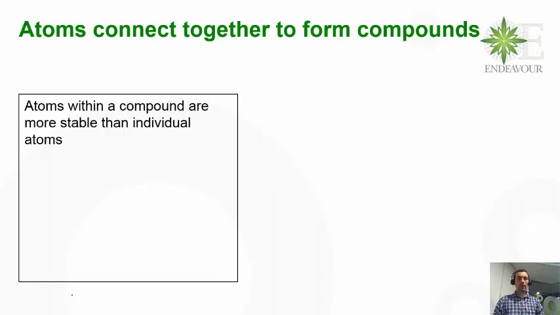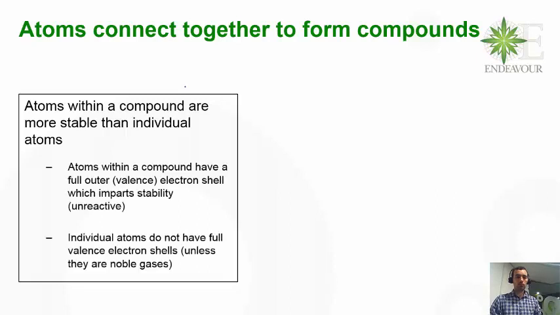Atoms will do whatever they can to adopt a more stable state. And once the atoms are in an arrangement in a compound, they're in a more stable state. So what is it about being in a compound that's going to make the atoms more stable? Well, it comes down to how full the electron shell is. For an atom to be stable, its valence electron shell must be full.